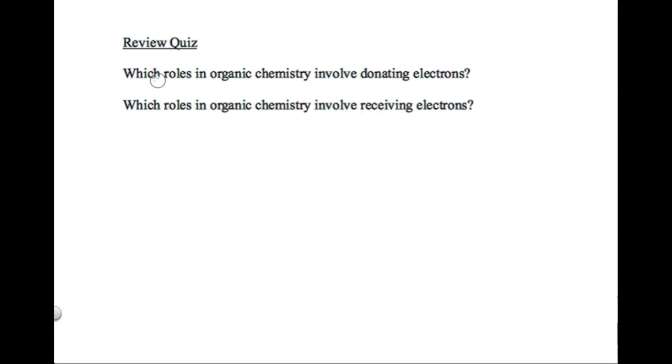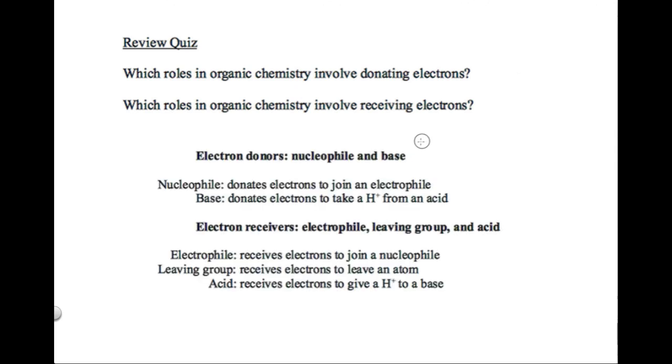I hope you actually wrote down some answers to this review quiz. Here are the answers. I hope you understood that by the word roles, I was referring to nucleophile, electrophile, acid-base, and leaving group. Now, the electron donating roles are nucleophile and base. The electron receivers are electrophile, leaving group, and acid.